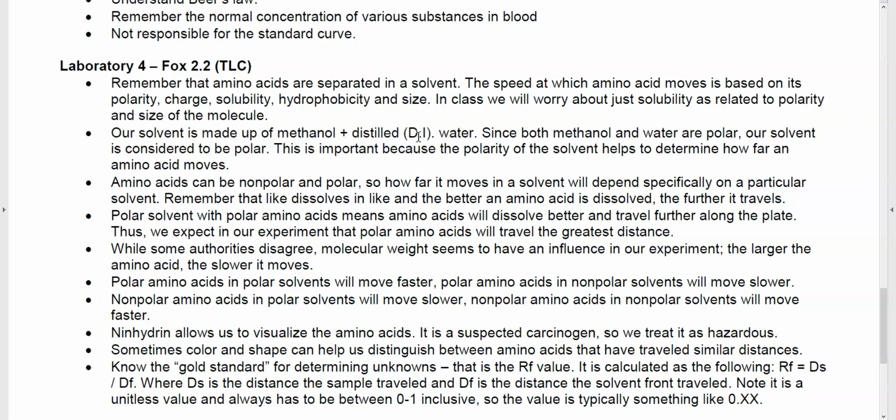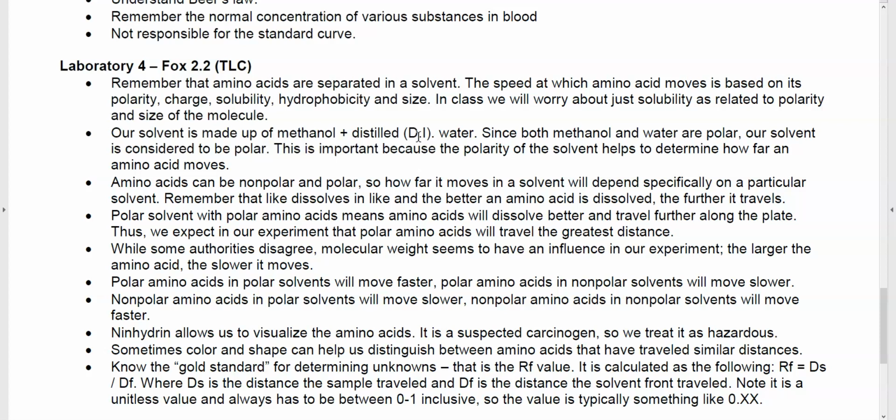Non-polar molecules tend to be really soluble in non-polar solvents. But generally speaking, there are some exceptions, and there's certainly a degree of each. A non-polar amino acid would not dissolve very well in a polar solvent, and a polar amino acid would not dissolve very well in a non-polar solvent. And so those would tend to move not as far.